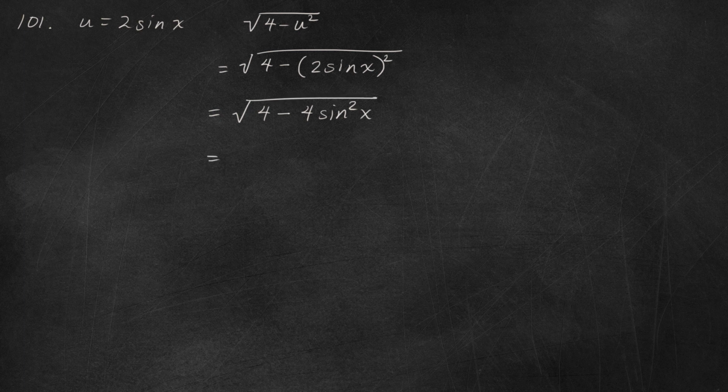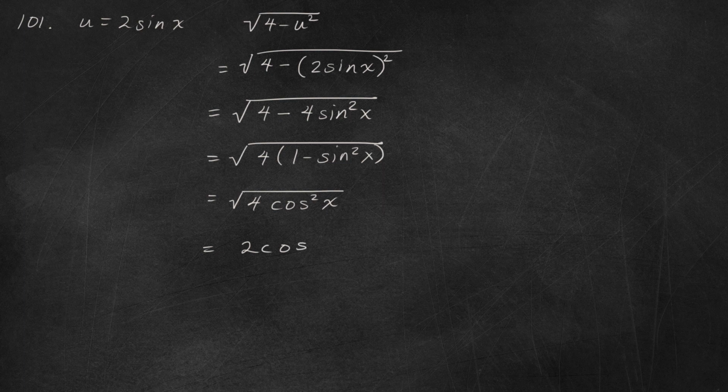If I factor out the 4, I have 4 times 1 minus sine squared x. And 1 minus sine squared x is cosine squared x. Now I have a perfect square under my square root. So this is equal to 2 cosine x.